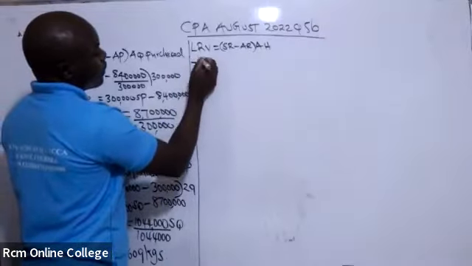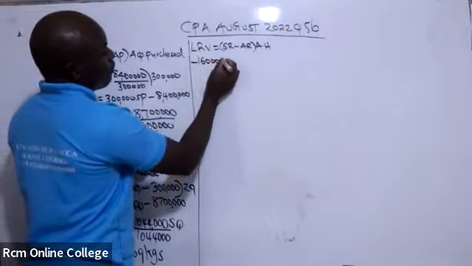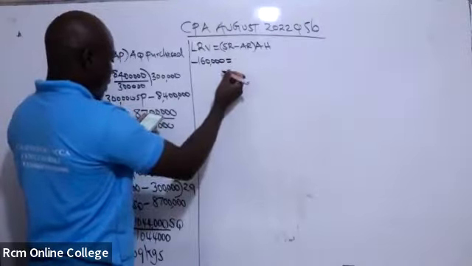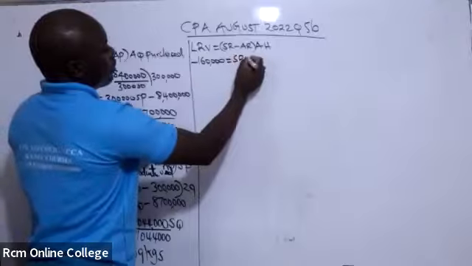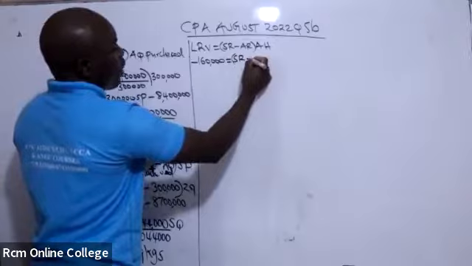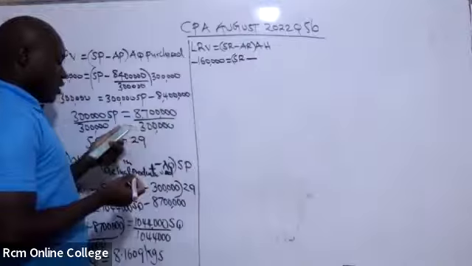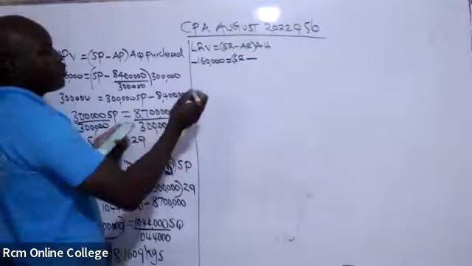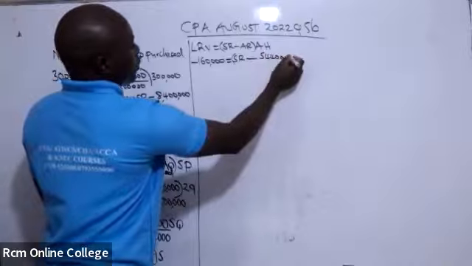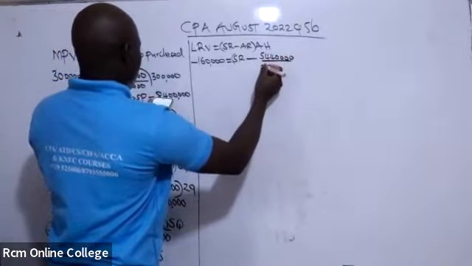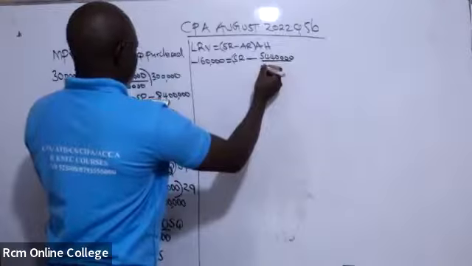A negative of 160,000 is equal to standard labor rate, which we are not given, minus actual rate. Do we have actual rate? Definitely no, but we have actual cost of 54.40 and actual labor hours of 64,000.